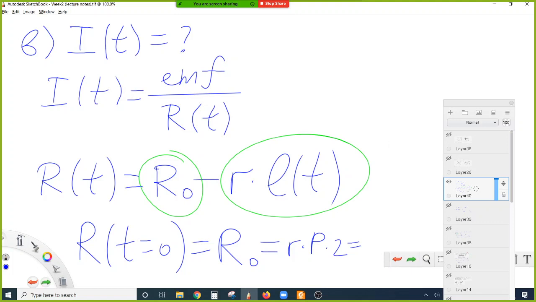We have already computed this. It was 2 ohm.